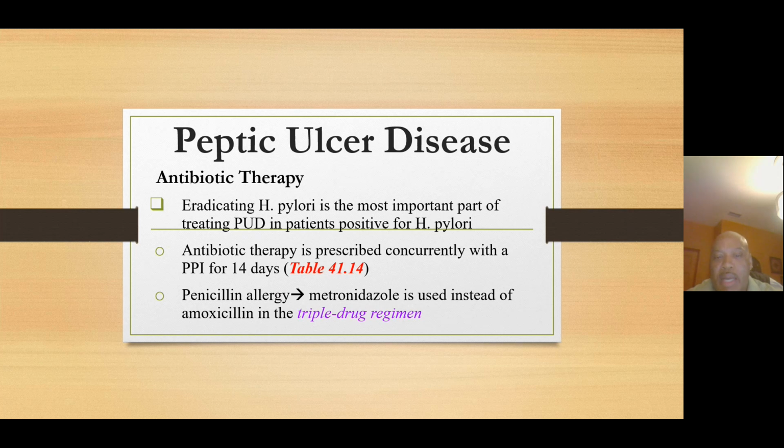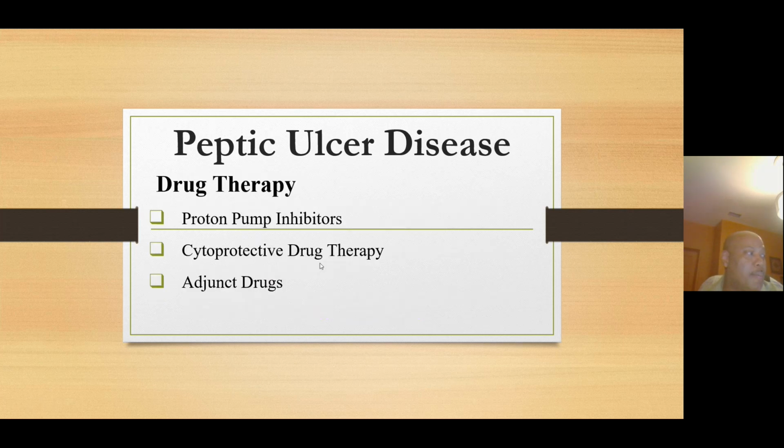Because of the existence of antibiotic-resistant organisms, a growing number of patients do not have H. pylori eradicated with just a single round of therapy. So they may require multiple rounds of therapy before they can actually eradicate the bacteria. Otherwise, they essentially won't get better.